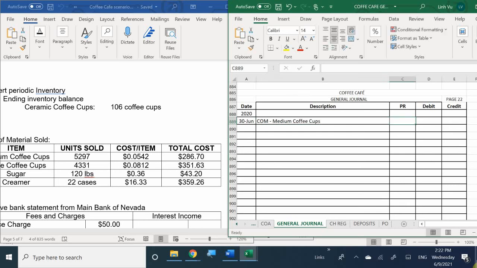Okay. Then comps for large coffee is 51,250.